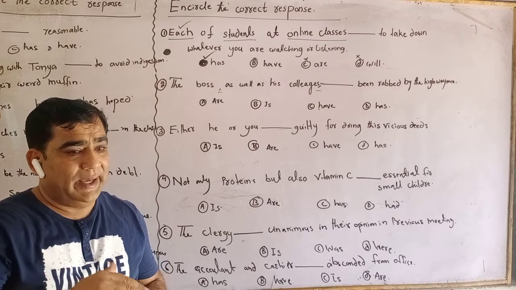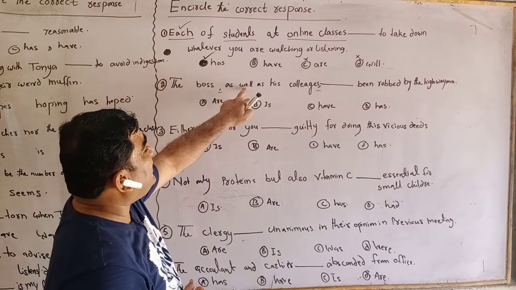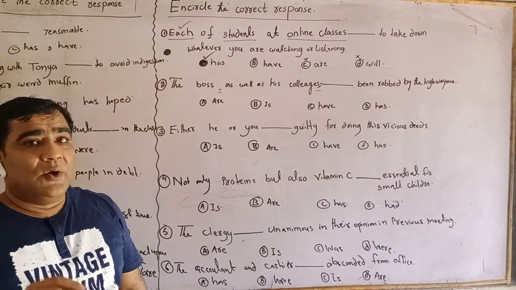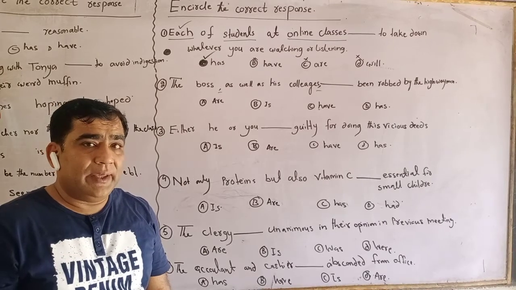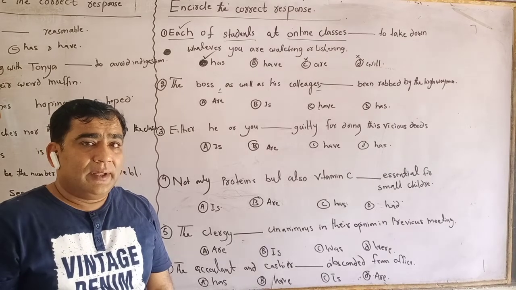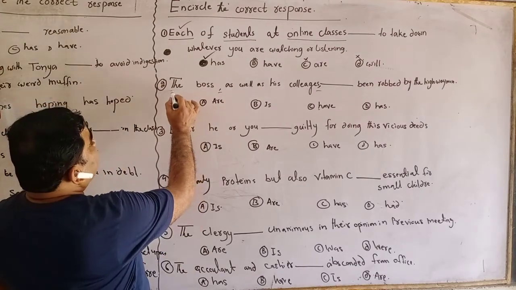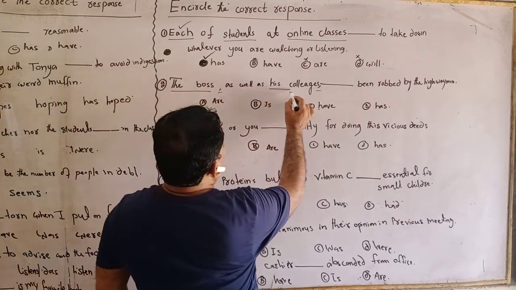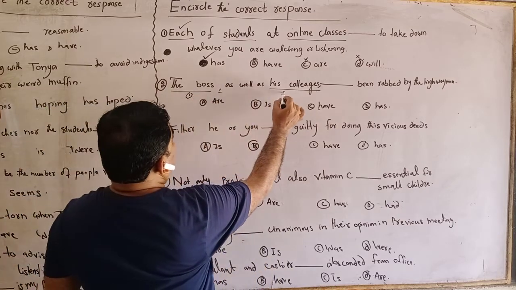Whenever we have as well as, with, along with, including, except, together with, then there are two subjects, subject number 1 and subject number 2.